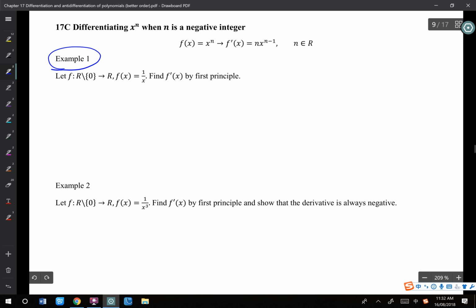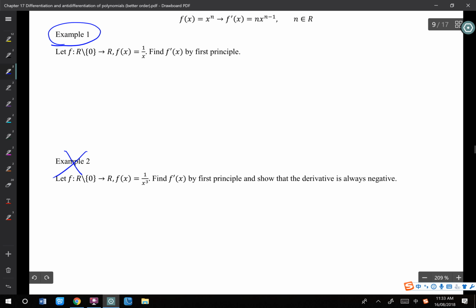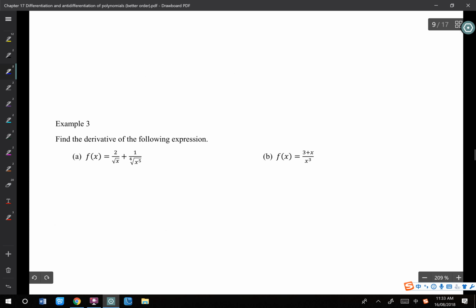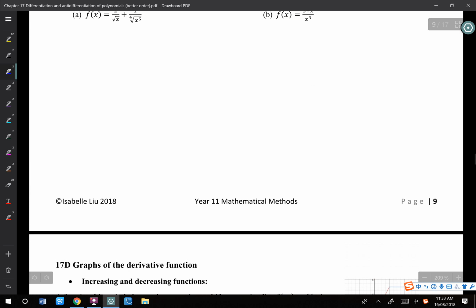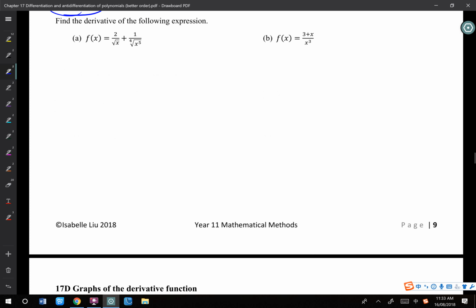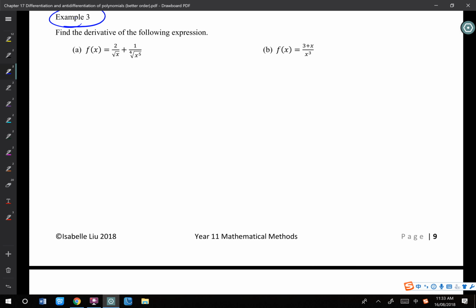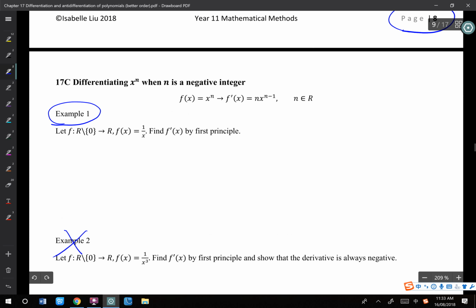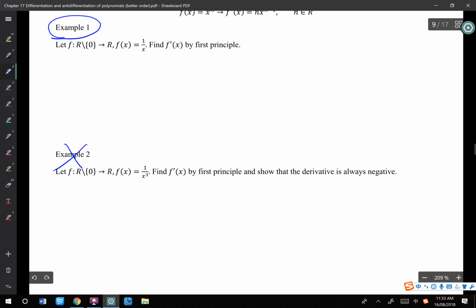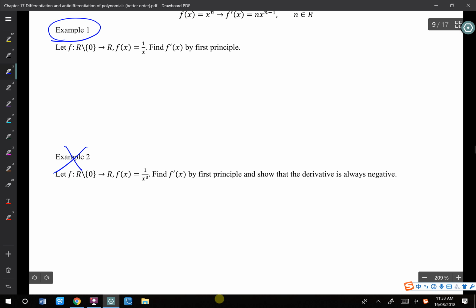Example 1, try first principle for that function. Well, we don't do example 2, it's too complex, just forget about it. And then complete example 3. Okay, so it's up to page 9. Basically it's everything up to page 9 except example 2 here.